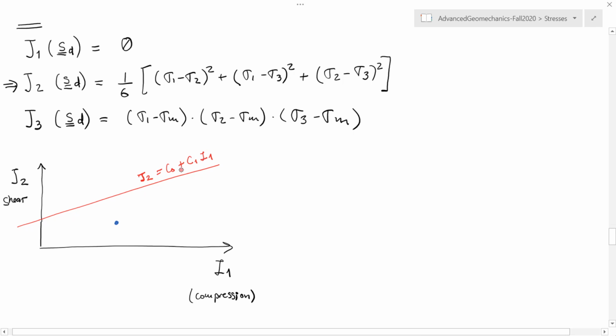And this characterizes how much shear I can have for a given mean stress. Usually rocks have the property that the higher the compressive stress, the more shear they can bear. And this is what this equation is capturing.